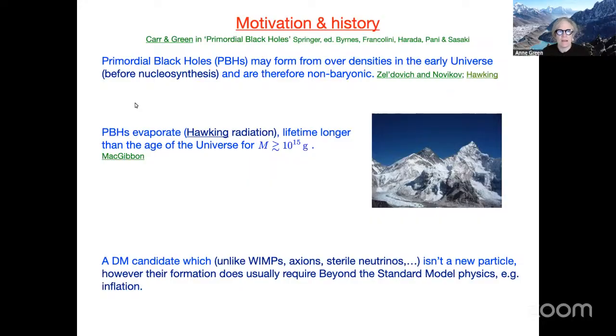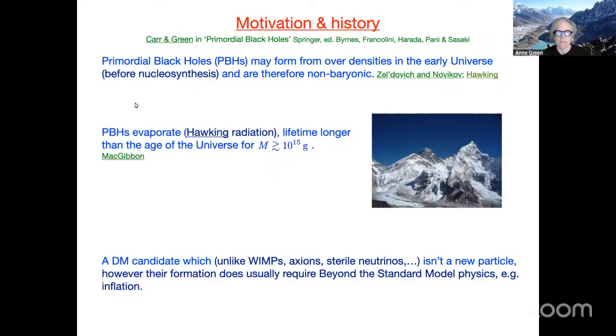They famously evaporate, we believe, by emitting Hawking radiation. And in the standard picture, the lifetime of any black hole is longer than the age of the universe if its mass is greater than about 10^15 grams, which is roughly the mass of a mountain for context.